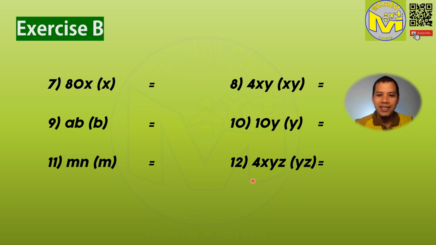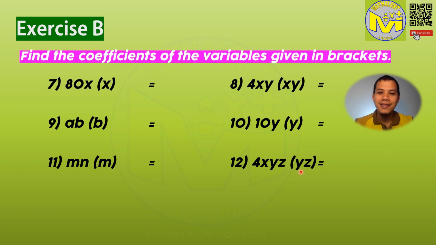Number 12. Last but not the least, we have 4xyz. In the bracket, we have variables y and z. So what is the coefficient of yz? Tell me. Okay, the coefficient of yz in 4xyz is what? 4x.